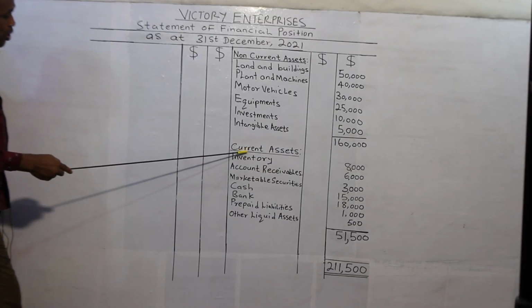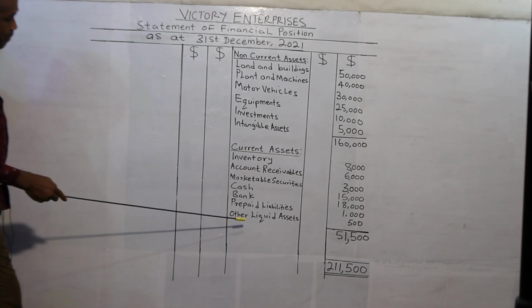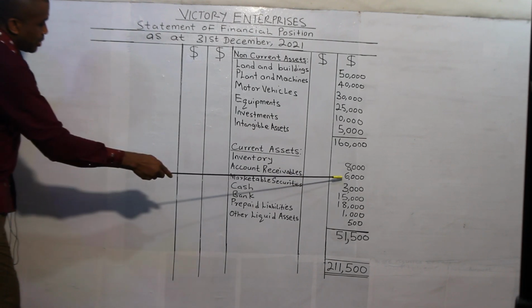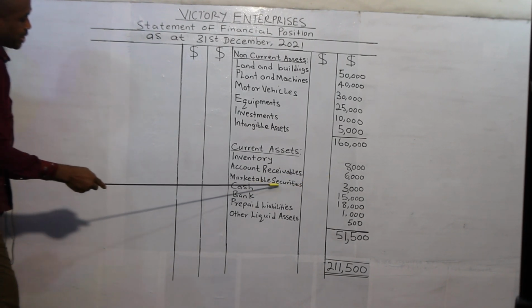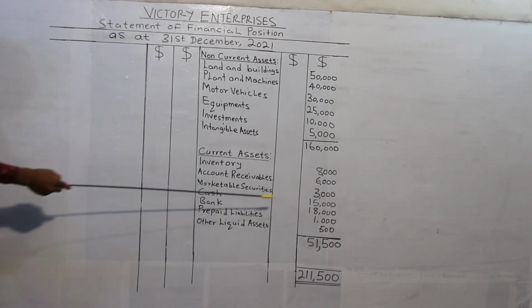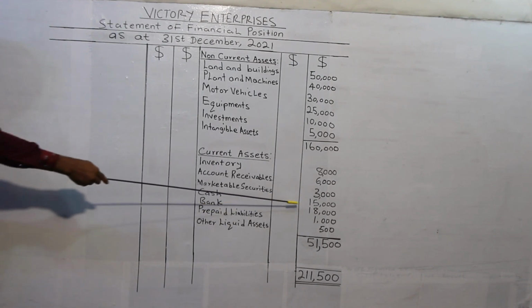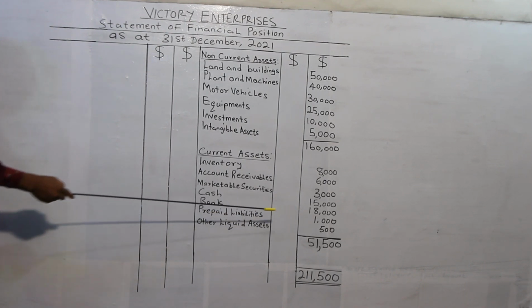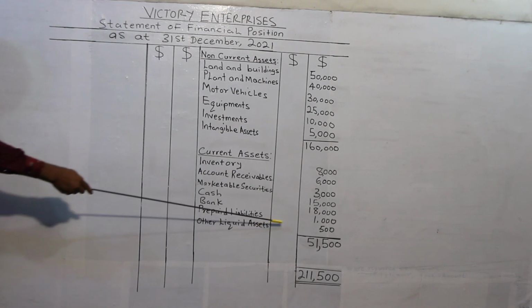If you add the total of the current assets items, we have inventory 8,000, account receivable 6,000, marketable securities 3,000, cash 15,000, bank 18,000, prepaid liabilities 1,000, and other liquid assets 500.